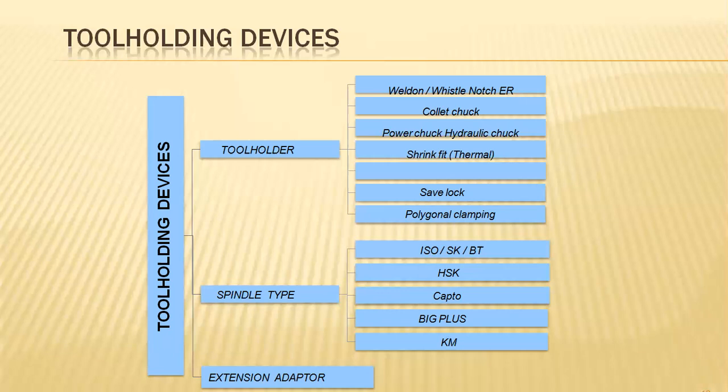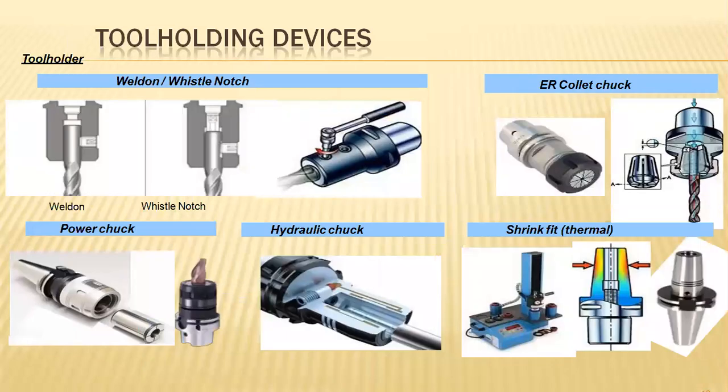Coming to the extension adapter, this completely initiates the length of its holding capability, and by holding the work tool, it will be getting extended in 2 degrees of freedom, either in the positive extension and negative extension, compression and retractions.